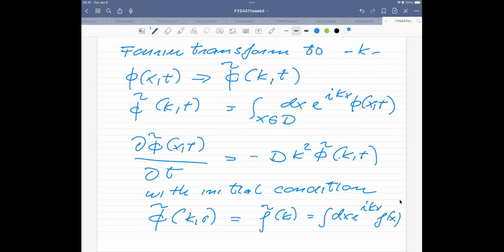If you look at this problem, this is something which we can solve easily. We just integrate over time, and this gives us an exponential, and we also have to multiply with the initial conditions.